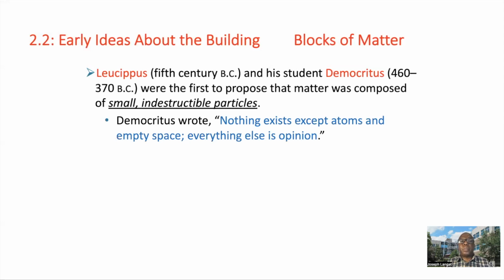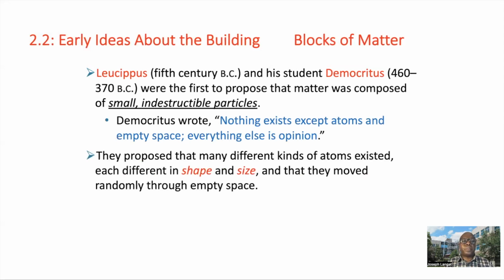Everything else is opinion. Their proposal was that different kinds of atoms existed in different shapes and sizes. They move randomly through empty space. This statement is just the statement of these two scientists.